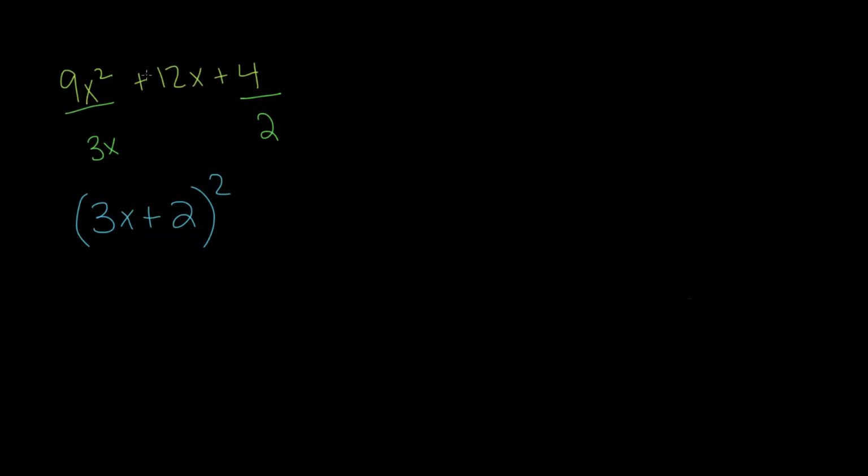So we can expand this to see if we get the same thing. So 3x plus 2 squared is the same thing as 3x plus 2 times 3x plus 2. And if we expand this even further, we get 3x times 3x gives us 9x squared. 3x times 2 gives us plus 6x.